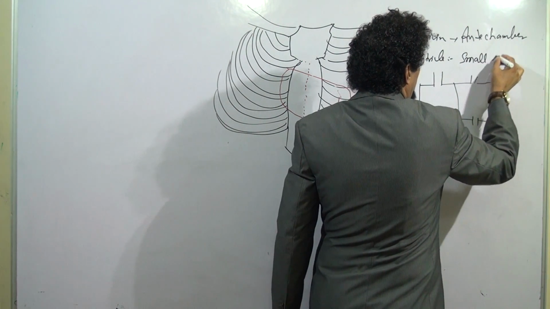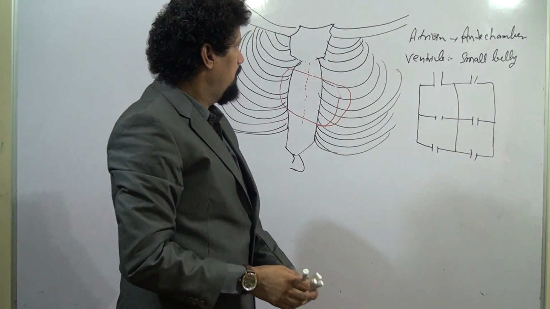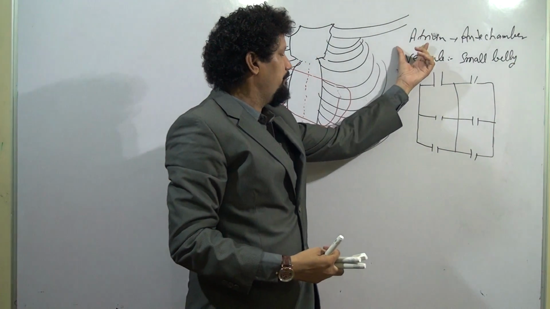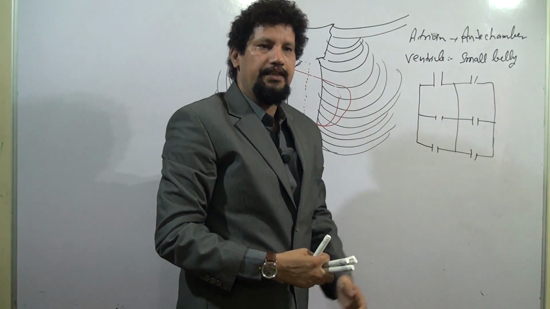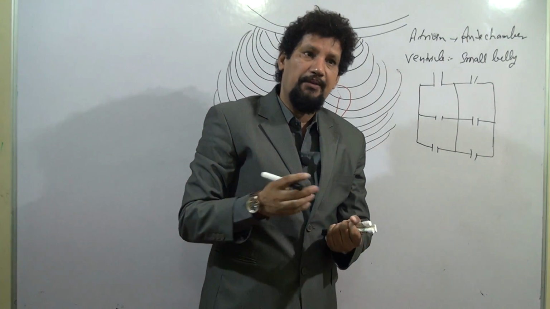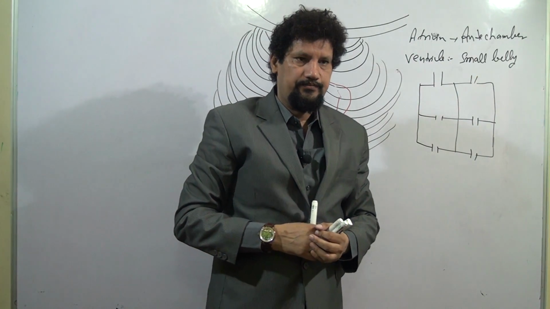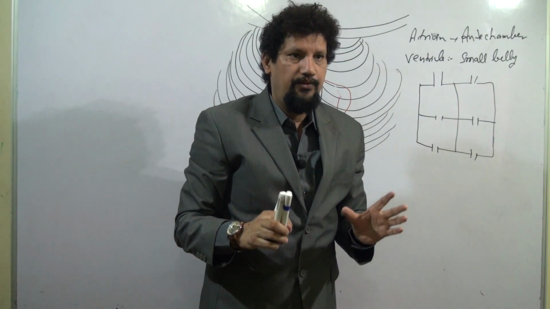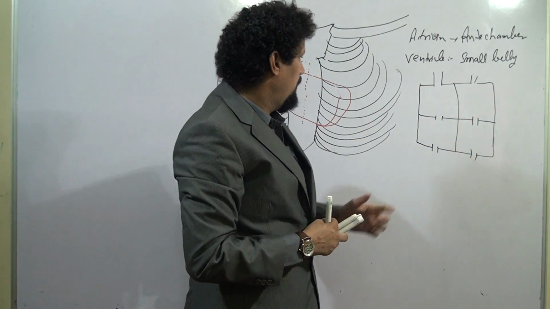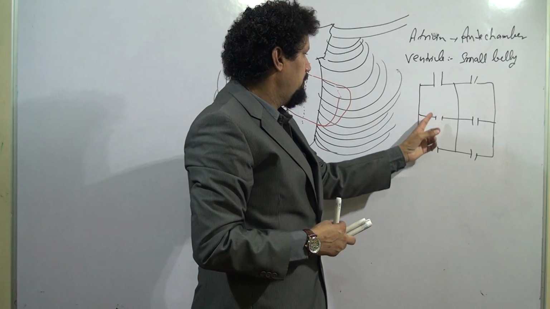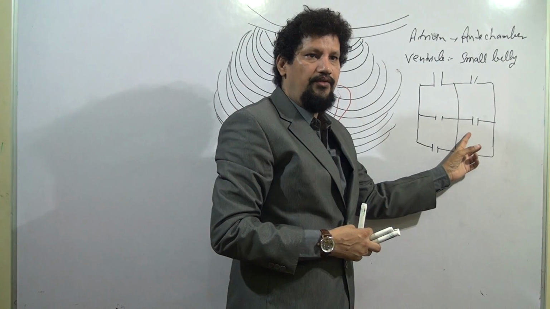So the atrium, or I can say two atria. Atrium means the antechamber, that is the chamber before the chamber, and the ventricle means the small belly. So the heart is made up of four chambers, two atria and two ventricles. The right atrium, right ventricle, the left atrium, the left ventricle.